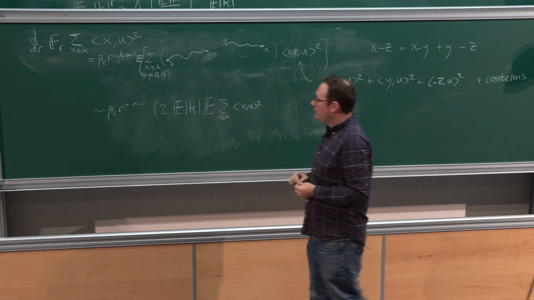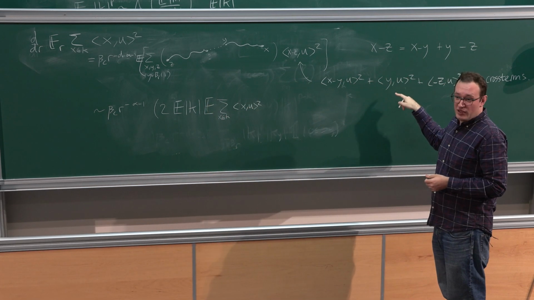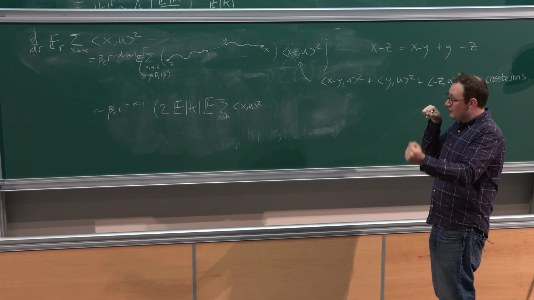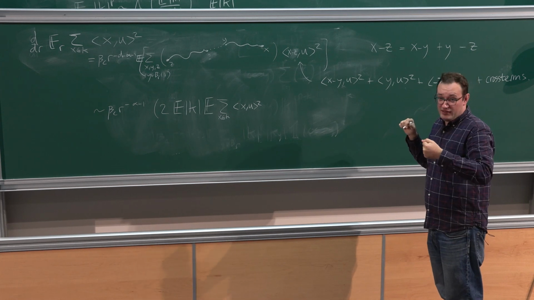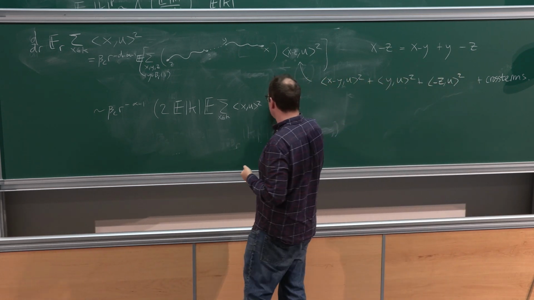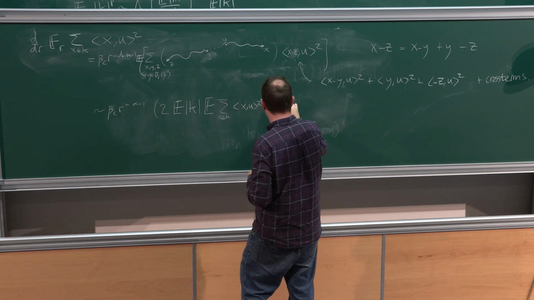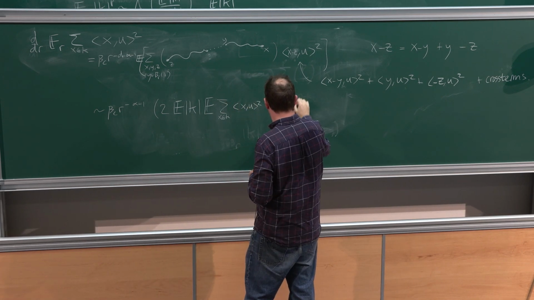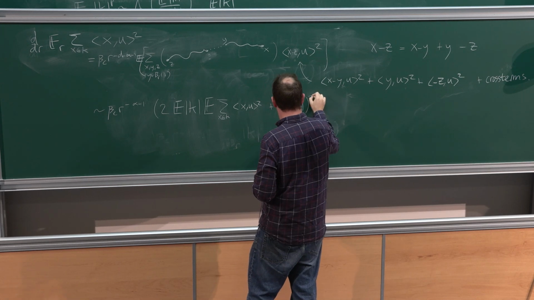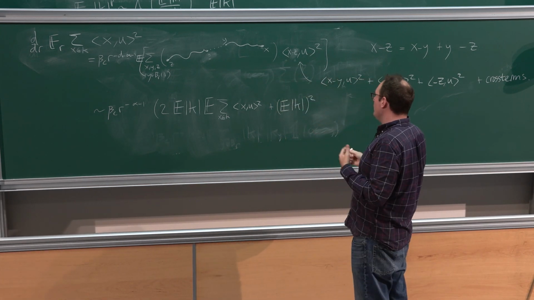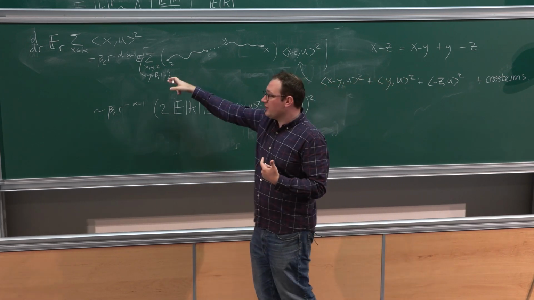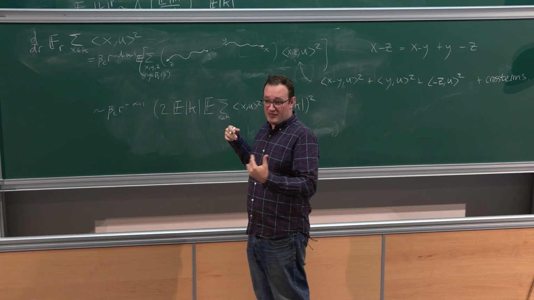squared. Okay? And then you have this other term which comes from the displacement of the edge y that you added in. So in this term, you get just the square of the first moment. And then we've divided by the volume of the ball, and we're looking at the asymptotics.